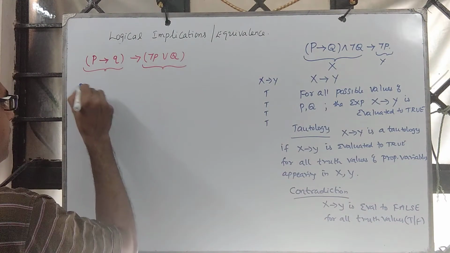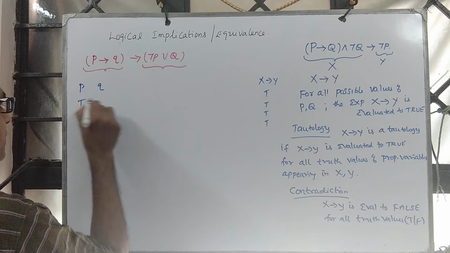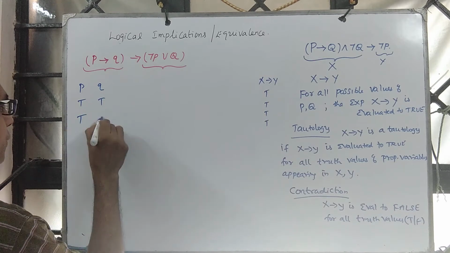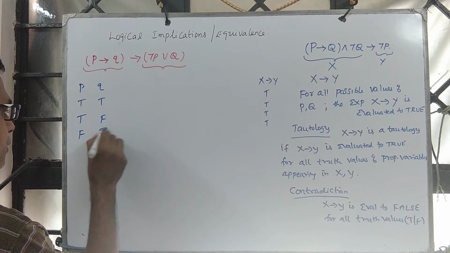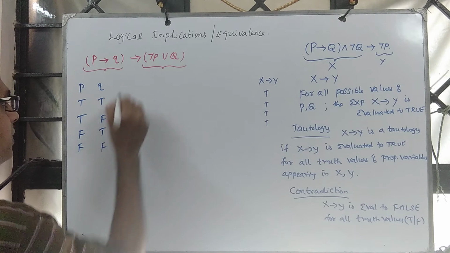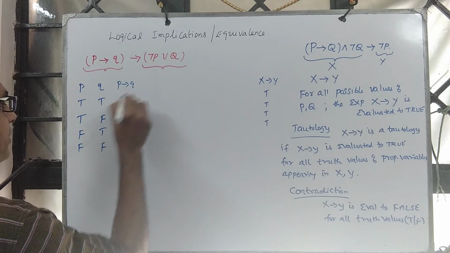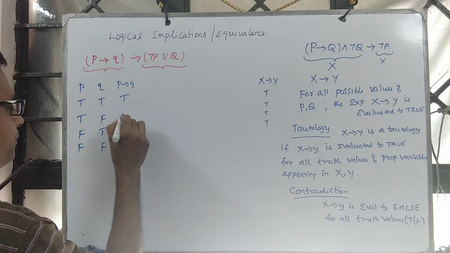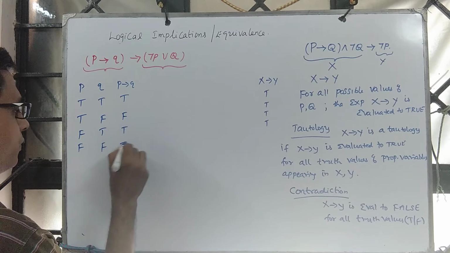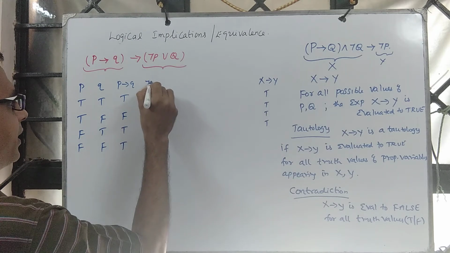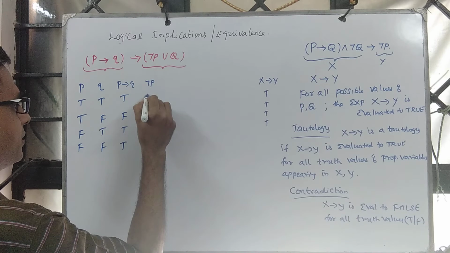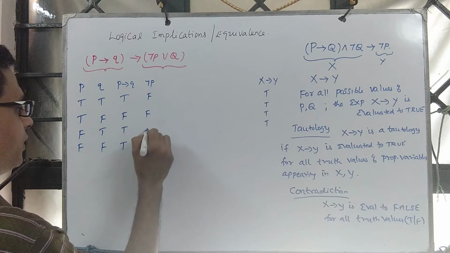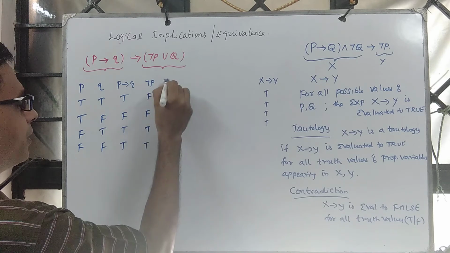Let's verify. Look at P, Q. Possible values are true true, true false, false true, false false. P implies Q is true, false, true, true. Negation P is false, false, true, true.